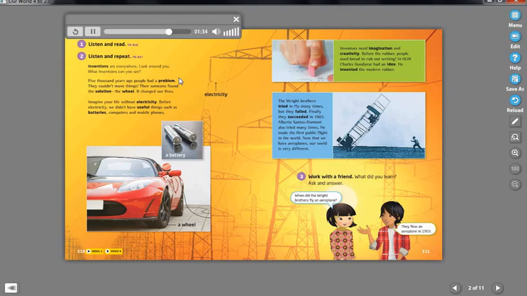Who invented electric lights? Try. He tried to invent a better kind of battery. Fail. I studied quite hard, but I failed the exam. Succeed. The Wright brothers succeeded.